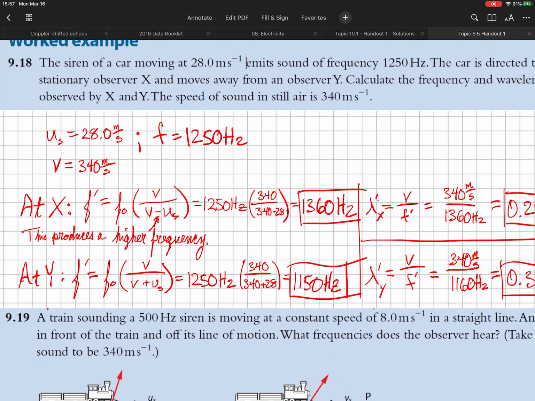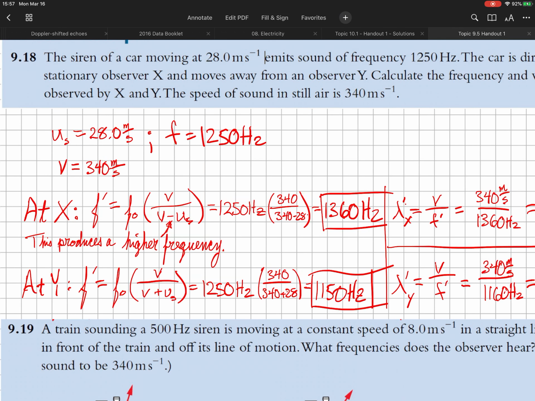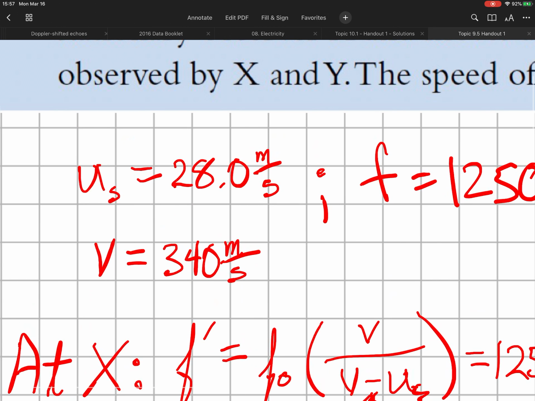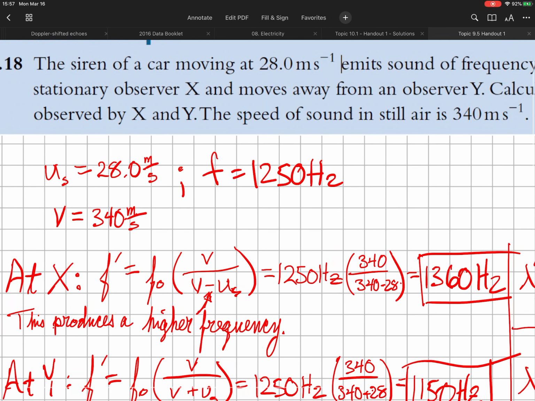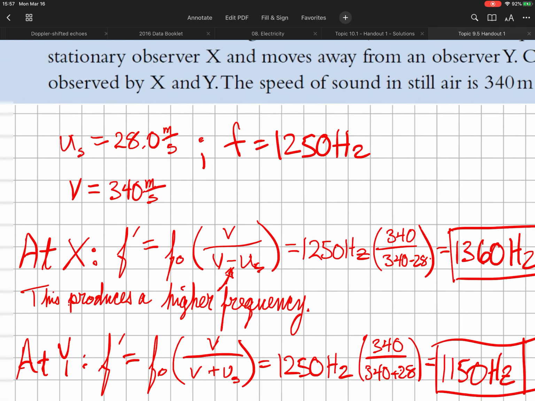That would be fine. Okay, based on this information, we need to identify some variables. So first, the velocity of our object is u sub s, and it is 28 meters per second. The velocity in air has been given, 340 meters per second. The frequency is 1,250 hertz.